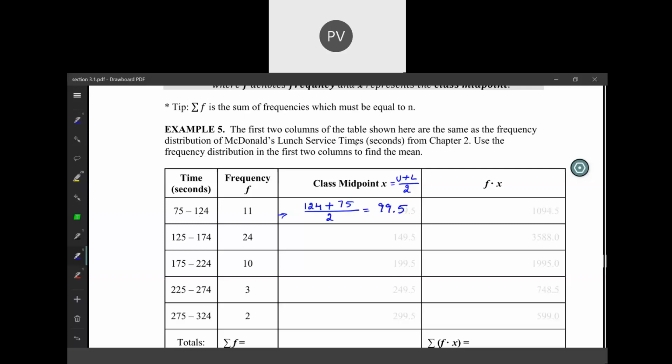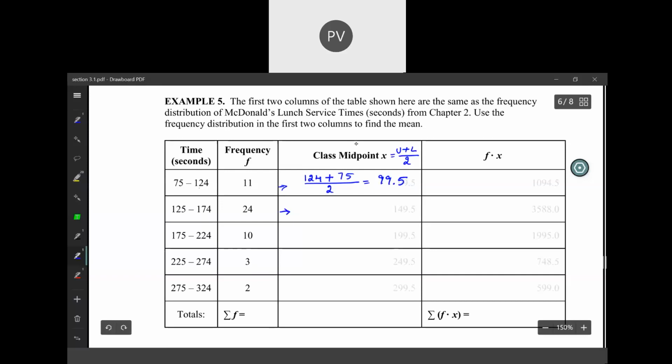Okay. In the same way, compute for this also. Upper limit is 174 plus 125 divided by 2. Your answer must be 149.5. Go on. 224 plus 175 divided by 2 equal to 199.5. 274 plus 225 divided by 2 equal to 249.5.